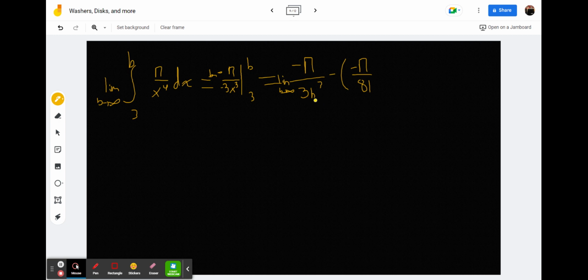Because b is in the denominator, as it approaches infinity this goes to 0. And eventually all we're left with is pi over 81, which is our answer.